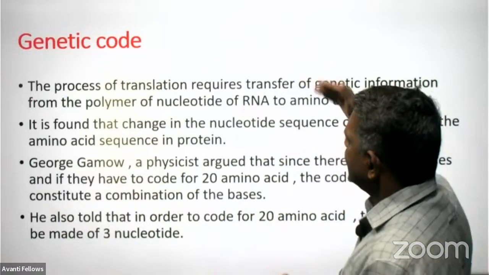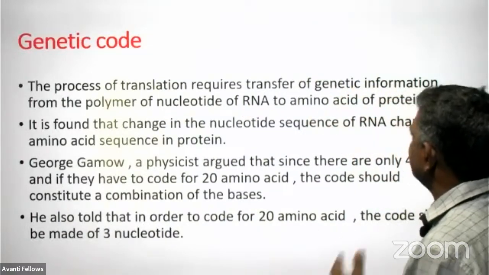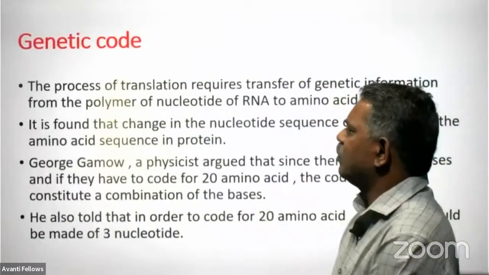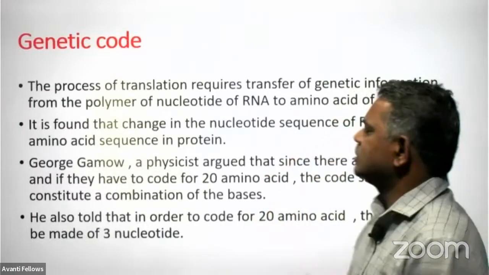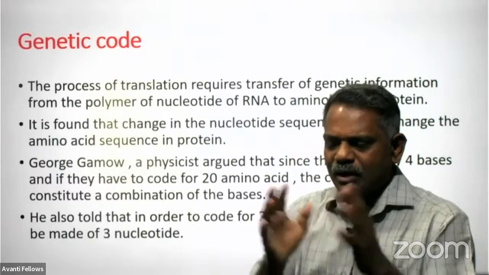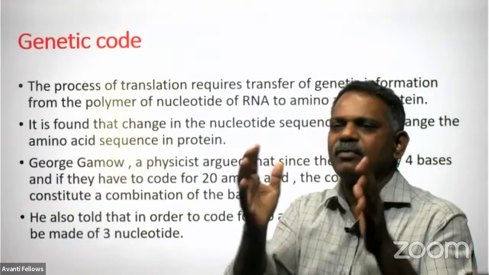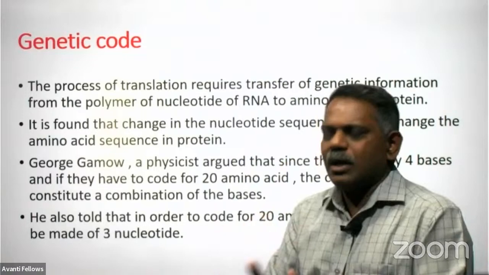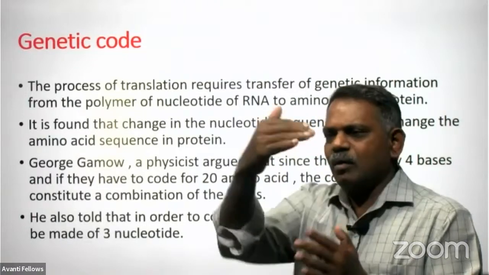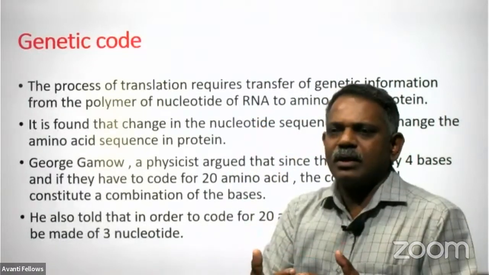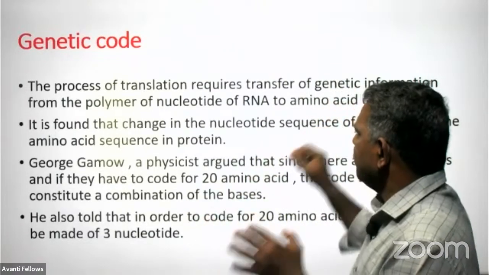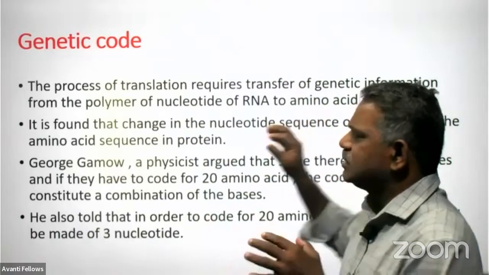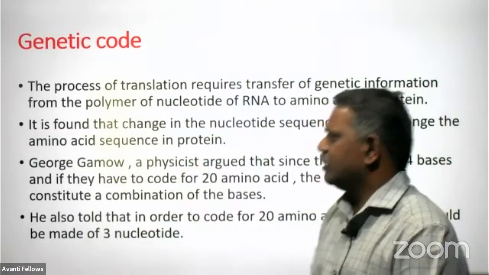See, the process of translation required the transfer of genetic information from the polymer of nucleotide of RNA to the amino acid of protein. All the informations are directly coded from the DNA to the RNA. In RNA, all the information related to the protein is coded in the form of what the triplet codon only, and based on that only amino acids will be placed in a protein.